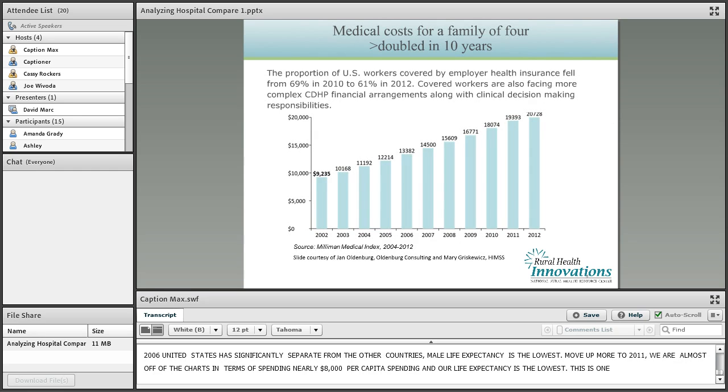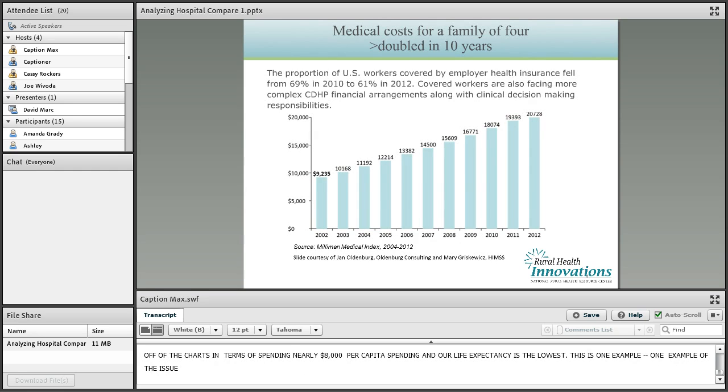And then if you move up one more to 2011, again here we're almost off of the chart in terms of spending. We're nearly $8,000 per capita spending in healthcare in the United States, and our life expectancy is the lowest.